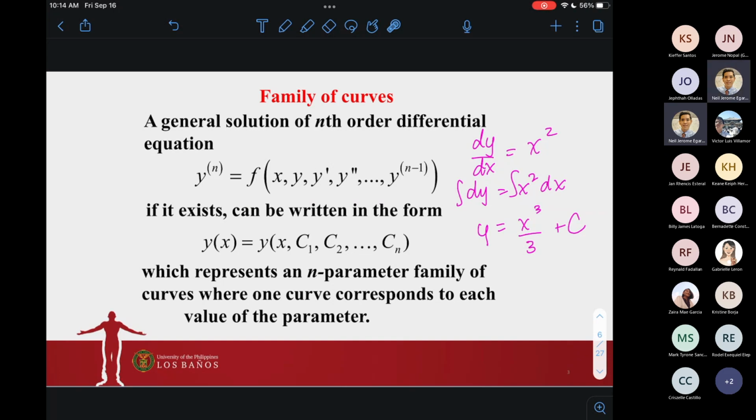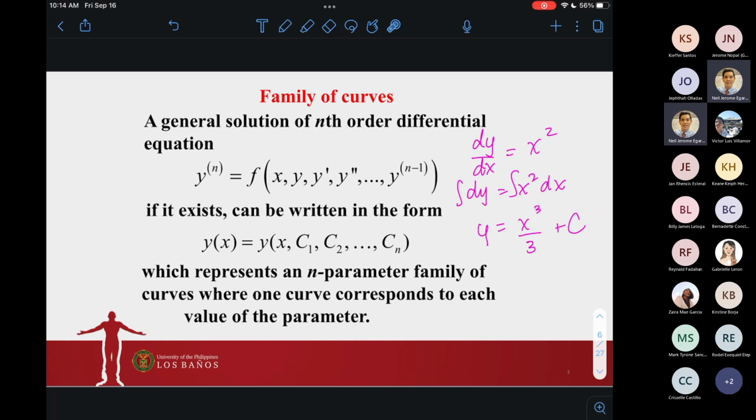Alright? Tapos ang key, so ito yung given sa inyo, ang goal natin matanggal yung mga parameters by differentiating. That's the goal. Because the ODE doesn't involve the parameters. Yung parameters nag-appear lang siya kasi nga generic yung solution. There are infinitely many solutions.